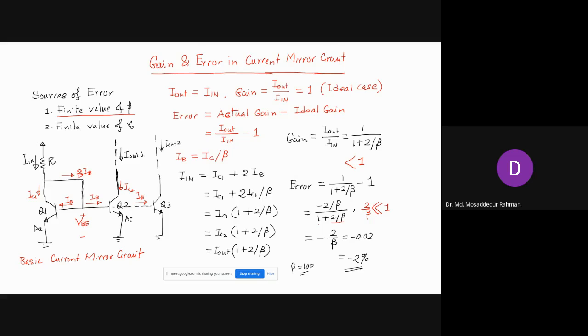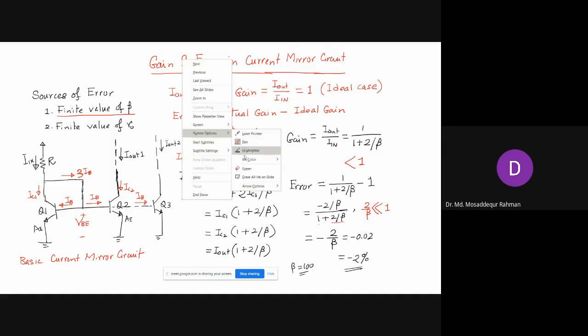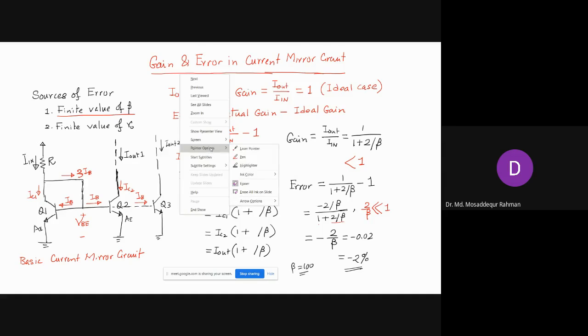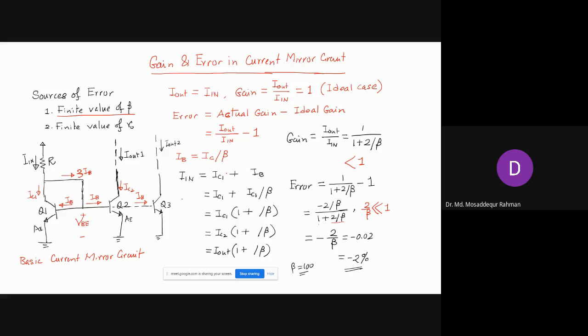And how will the equations modify now? So now here you will have IC1 plus 3 IB, right?